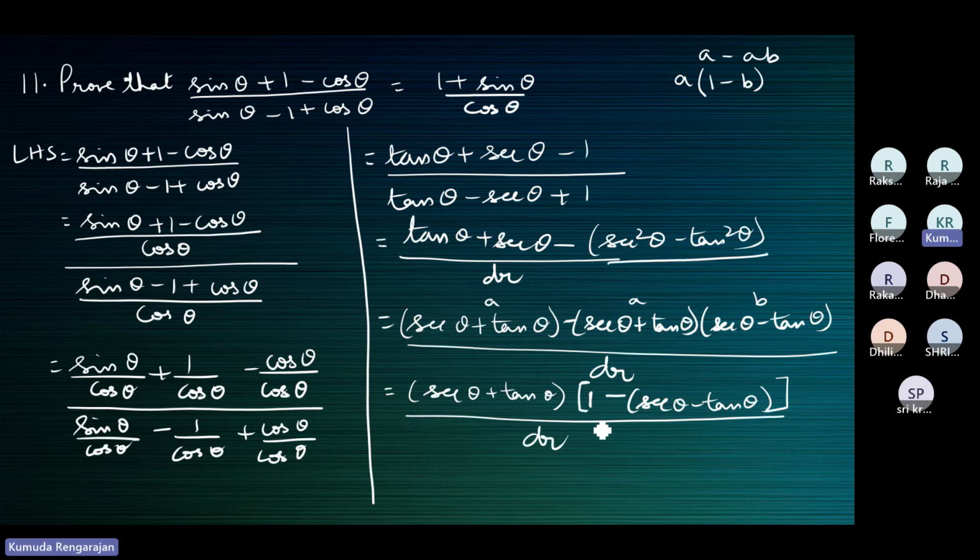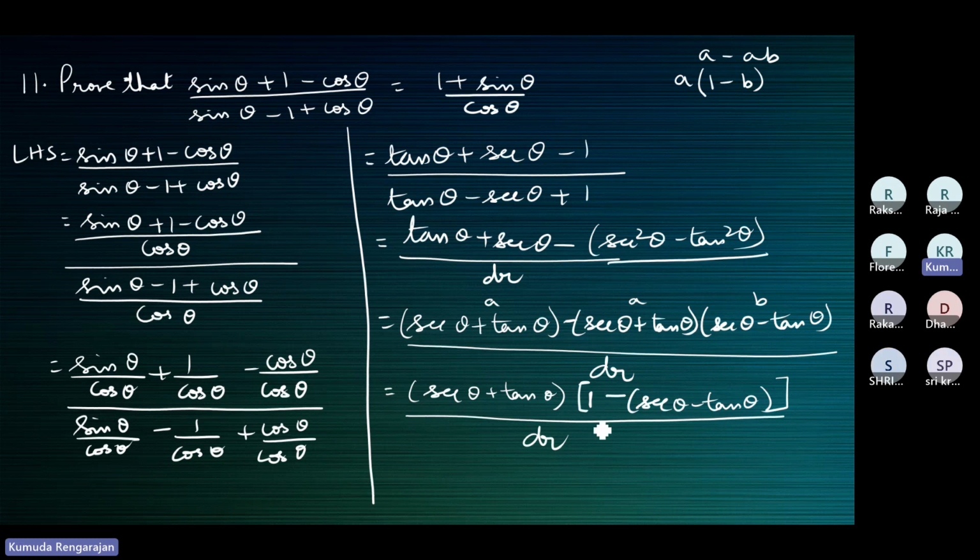So upon taking secant theta plus tan theta common, you get 1. I've written the example above. A minus AB will be A common, bracket 1 minus B. Similarly here, secant theta plus tan theta is common. That's A. So in the bracket, you will get 1 minus B. What is B? Secant theta minus tan theta is B. There's a minus, children, so we'll have to write it in the bracket.